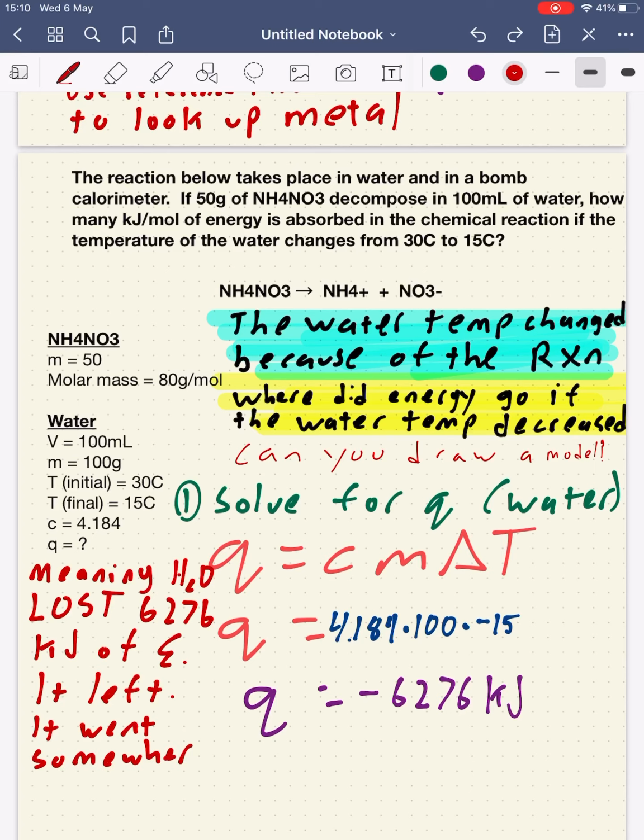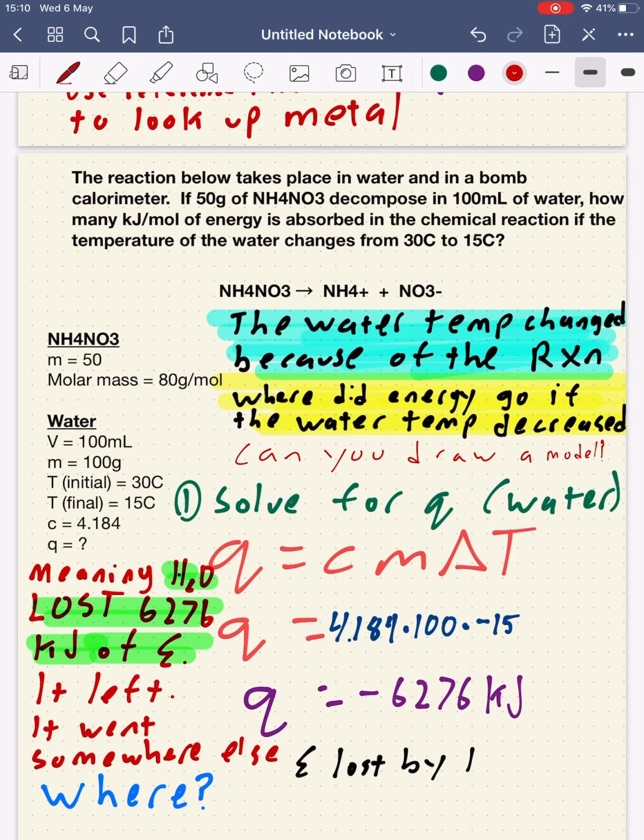Well, it went somewhere else, okay? But I want to highlight this, that it lost that. It's gone. Okay, so where is an important question. In this system, there's something else in the system, right? So the energy lost by the water is gained by the chemical, whatever the chemical is in that reaction. That's gained there.